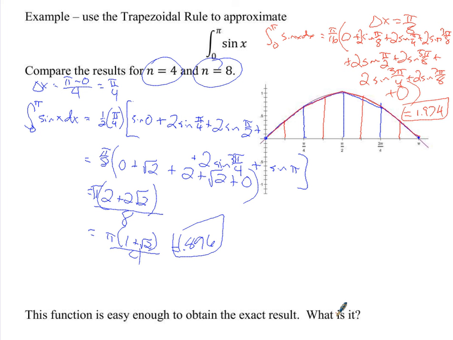So that means we're going to actually integrate the function because we can. The integral of sine is what? The integral of sine is negative cosine, because the derivative of cosine is negative sine. So we have negative cosine x, and we're going from 0 to pi.